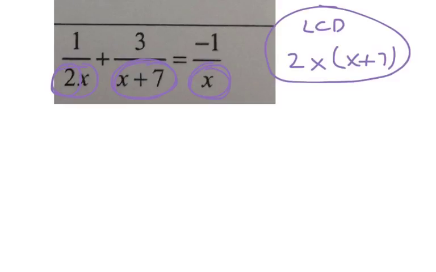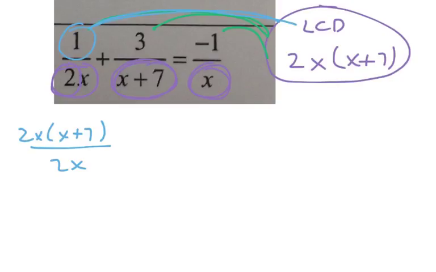I don't have a lot of room here, guys, so hopefully this will work out. But what I'm going to do is take my least common denominator and multiply each one of these. So let's see what we come up with. The first one I'm going to have is 2x times x plus 7 over 2x. Notice, all I did was multiply the numerator by my LCD.